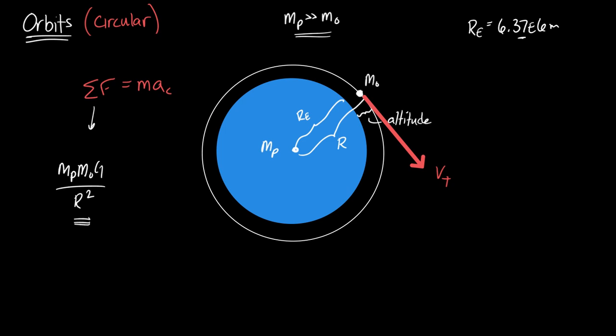This side, this object is the object that's doing the orbiting. In this case, the Dragon capsule, the International Space Station. And it has to be a centripetal velocity. So that's going to have to be our v squared over r, where r is the radius of curvature. That is also our orbital radius.